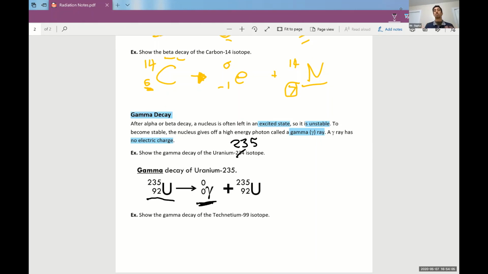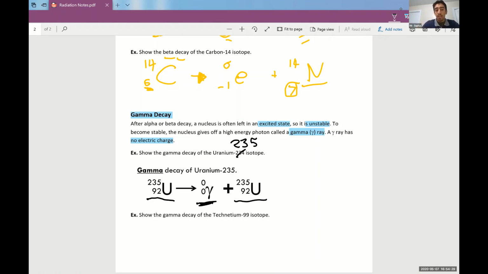It's a photon, so it has no charge, no mass. Then you use that addition method I was talking about in the previous beta decay and alpha decay examples. You add the numbers so they match. Because gamma decay is both 0 and 0, you'll notice the element is the same. That is gamma decay.